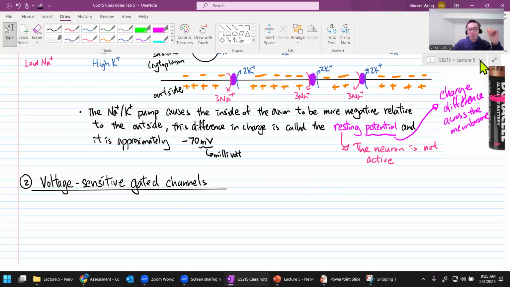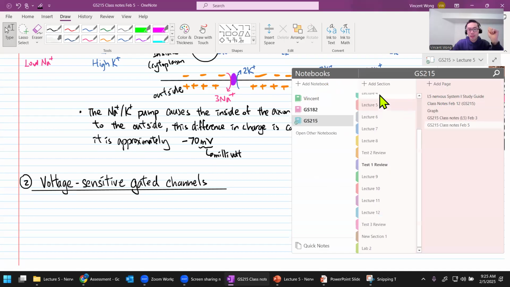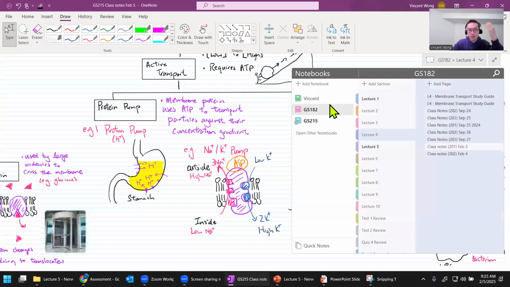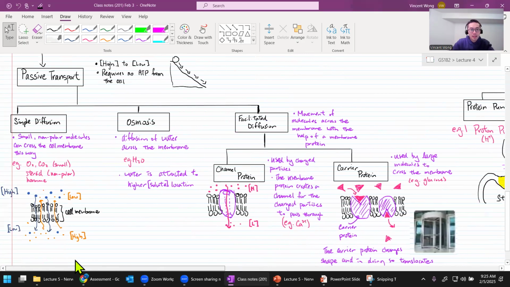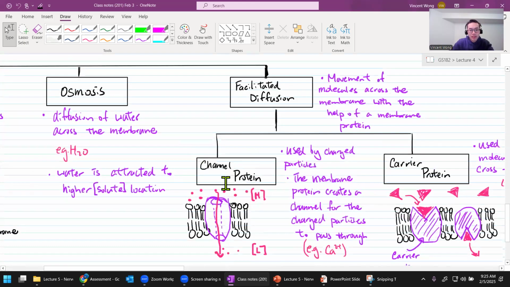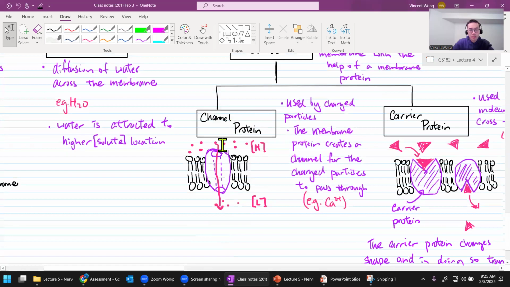Now, I hate to keep bringing back last semester's stuff, but I want to show you, hopefully jog your memory a little bit. Again, we took this note last semester, and under passive transport, we have something called channel proteins. To refresh your memory, channel proteins are proteins in the membrane that form a tunnel for ions to go through.